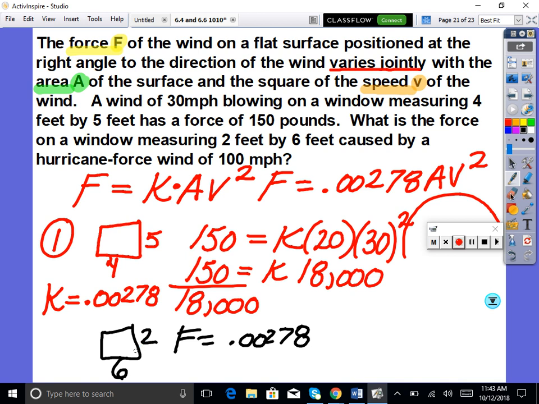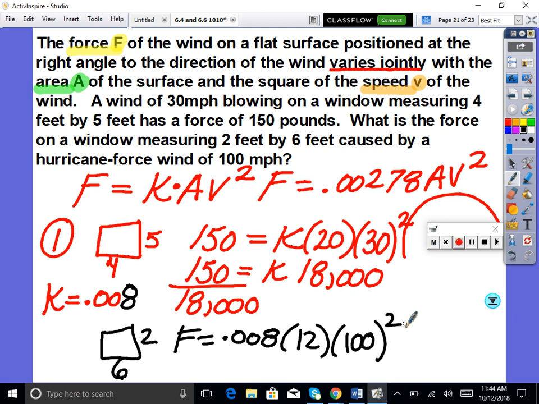What was our area? 12. And our velocity or speed on this one was 100 squared. So now you would type that in, and what's the force it can withstand without breaking?